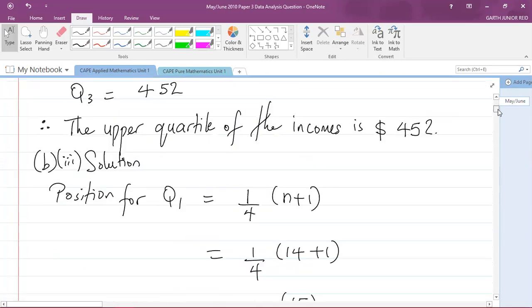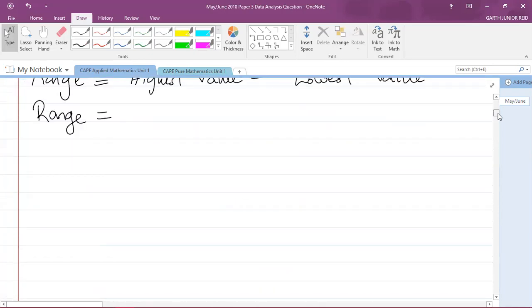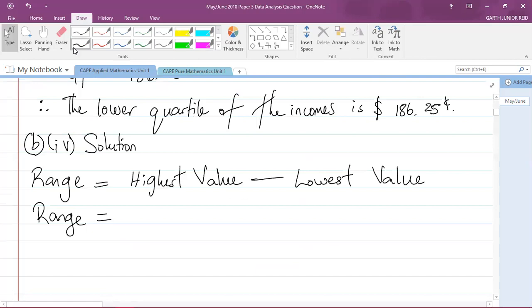All right, let's go back down here. So I can now say that the range is going to be equal to the highest value, that's 764, minus the lowest value, which is 161. Okay, so when you subtract, you should get your range to be 603.